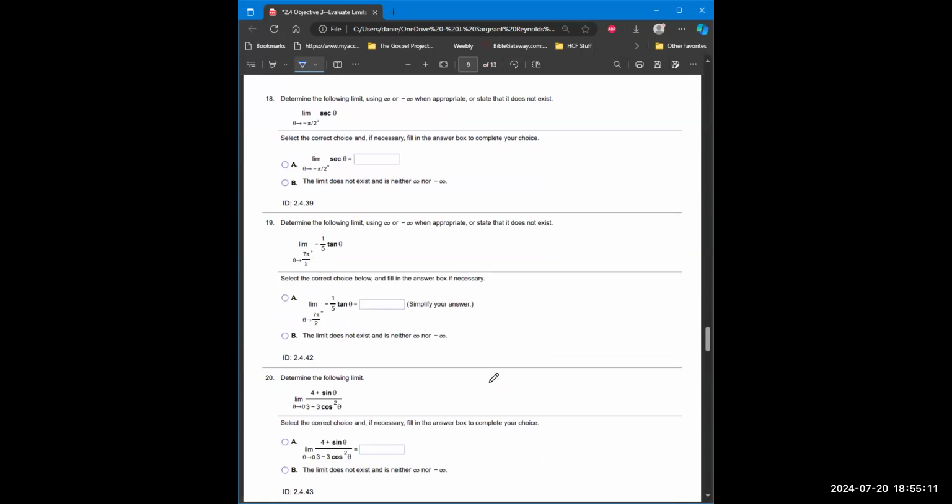Secant of pi over 2. Let's look at the graph of secant. It looks like this. This is pi over 2. This is 3 pi over 2, and so on. As I approach pi over 2 from the right, I'm going to negative infinity.